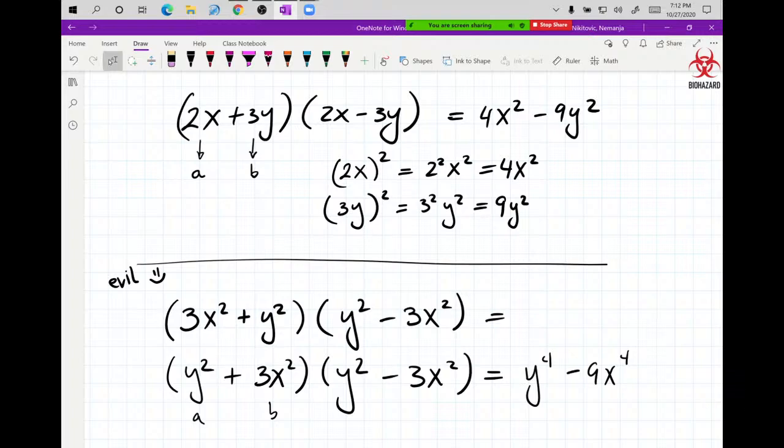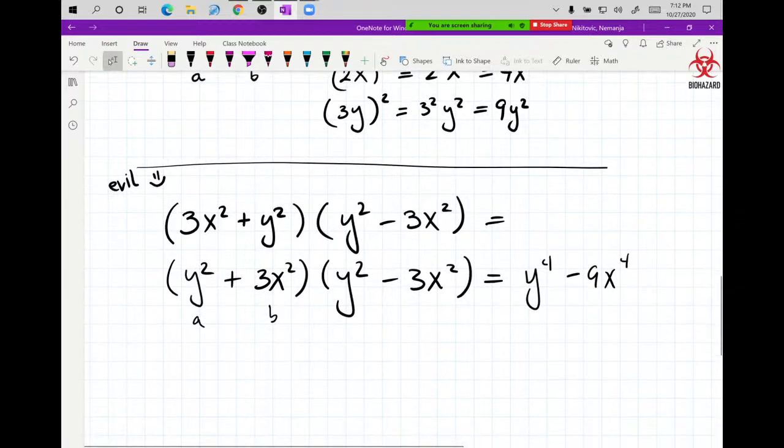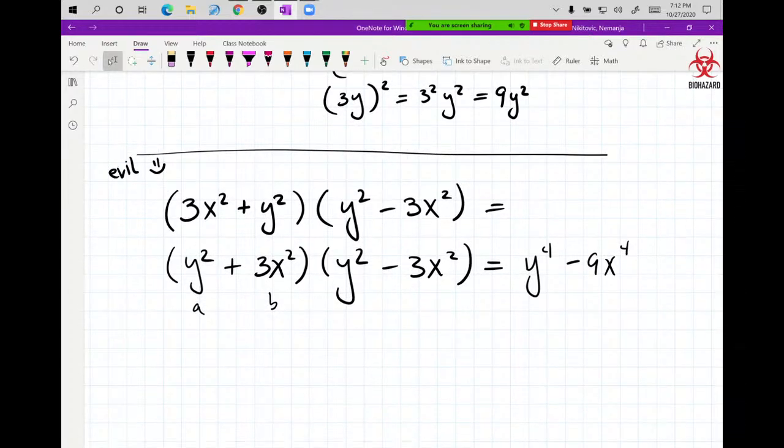Now, the addition parenthesis, you can put it in any order. Now we have seen in this evil problem that we had to flip addition so that we can match what's first, what's second with the subtraction parenthesis, but the subtraction parenthesis was not changed. Therefore, you can always look for your a and b in a subtraction parenthesis, and you don't even have to flip the addition at all, because your a is y squared and your b is 3x squared.